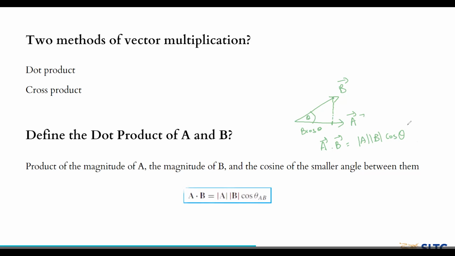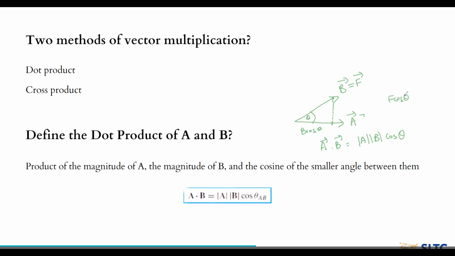This is useful in situations where we are calculating the work done by a certain force along a certain direction, right? If we take the force as the vector B, once we have the projection on the vector A, we can find the component of the force along the A direction, which is F cos theta.